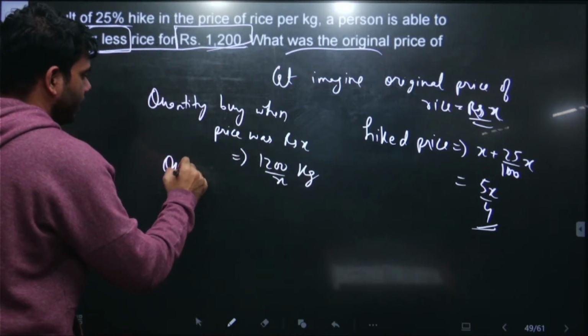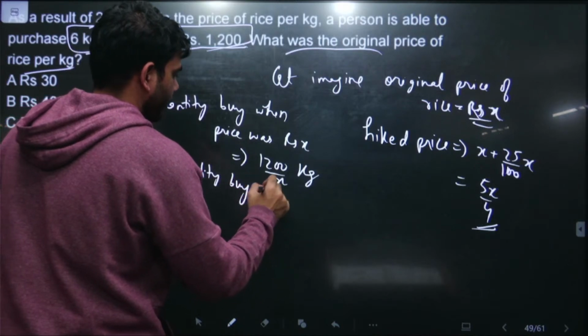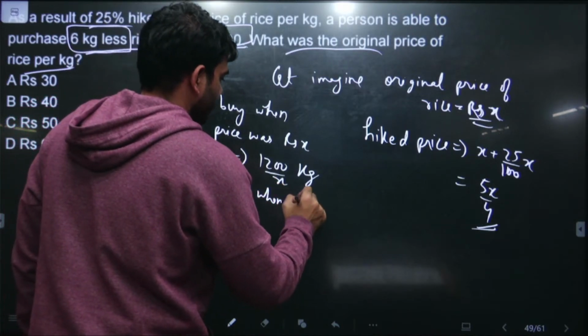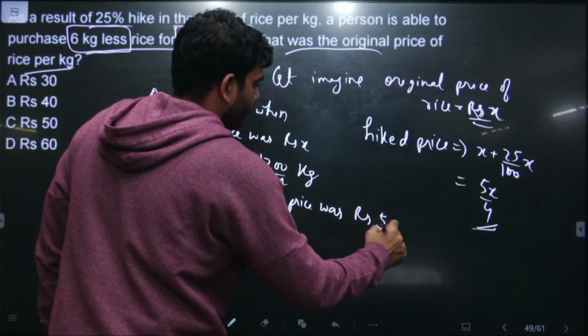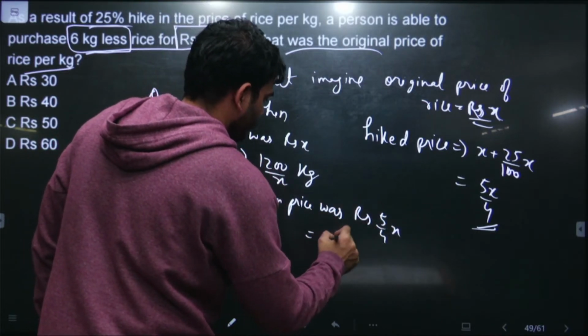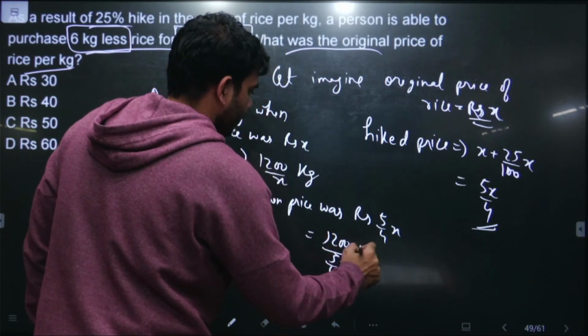And the quantity that he can buy when the hiked price आ गया था, 5 by 4x, then he can buy 1200 upon 5 by 4x. इतना वो buy कर सकता है, इतना kg.